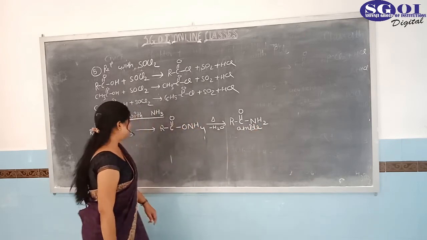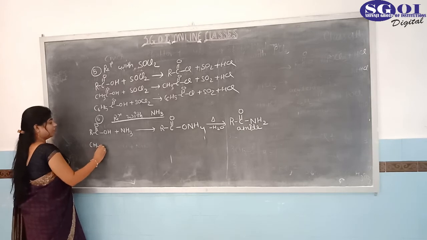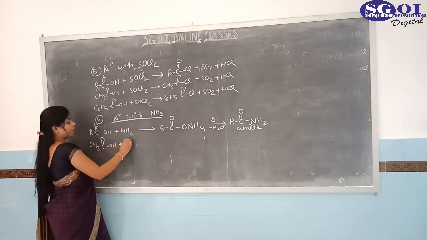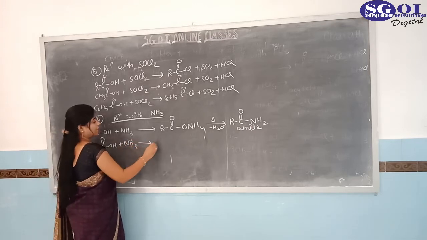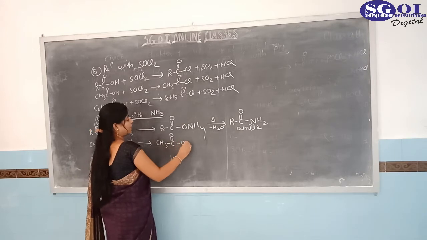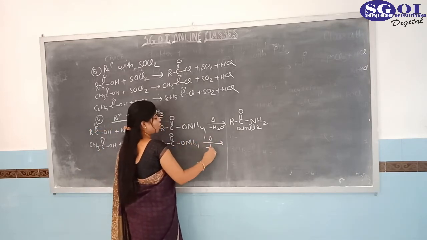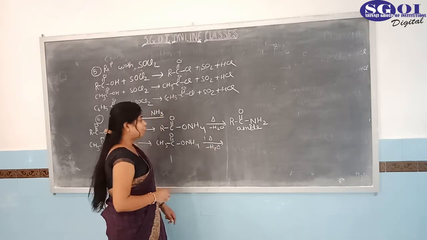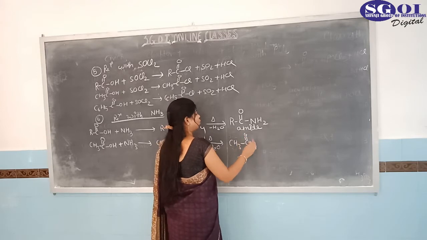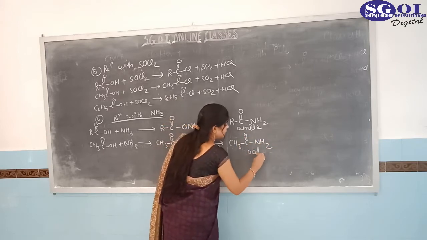Taking an example, when acetic acid, CH3COOH, reacts with ammonia, it gives CH3COONH4. After heating, removal of water takes place, and what we get, CH3CONH2, that is acetamide.